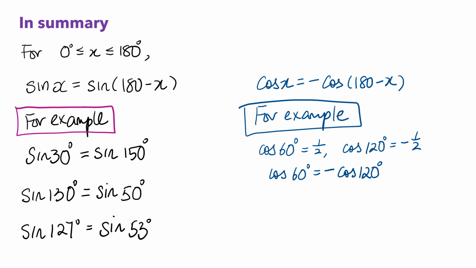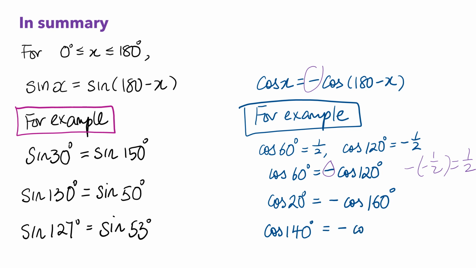Cosine 60 is half. Cosine 120 is negative half. So I need to have a negative there, so that my negative times the negative half will give me back my half. So let's have another example. Cosine 20 degrees will be negative cosine 160, or cosine 140 is negative cosine 40.